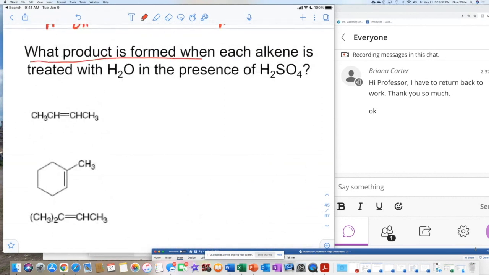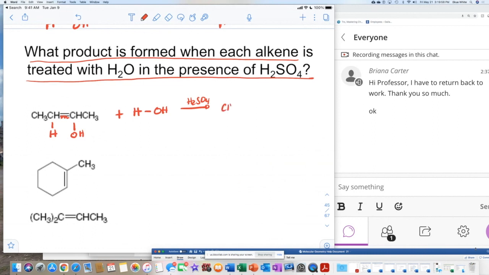What product is formed when each alkene is treated with water in the presence of sulfuric acid? So to all of these, you're adding water. I have to write it in the proper way, H-OH, and then sulfuric acid. So I know my product is going to come over here. To one of these, I'm going to add H. To the other, I'm going to add OH, and then this bond is going to break. So I'm just going to copy it from there.